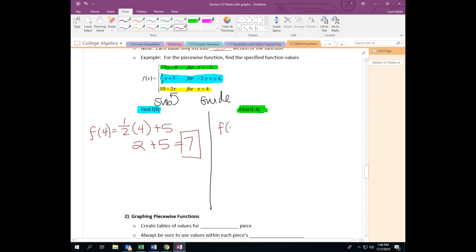So f of negative 4 equals negative 5 times negative 4 minus 8. Negative 5 times negative 4 is positive 20, minus 8 gives me 12. And there's your output. And again, that's your final answer. You get one answer.